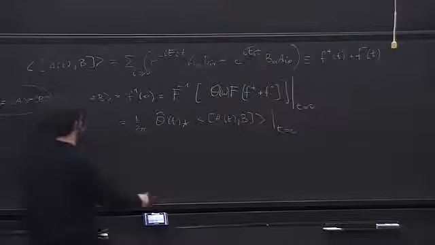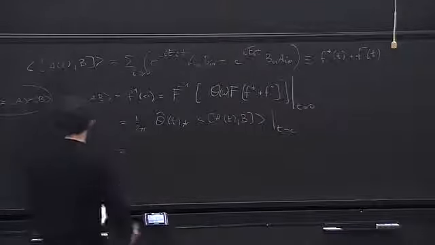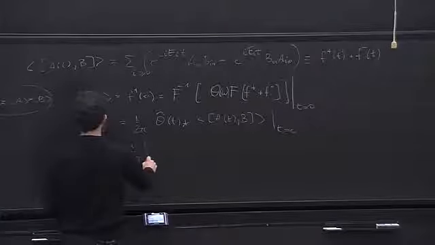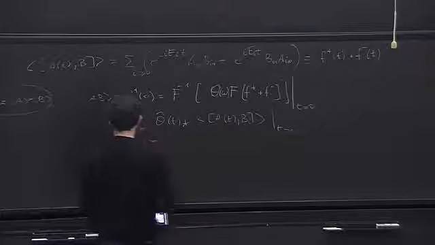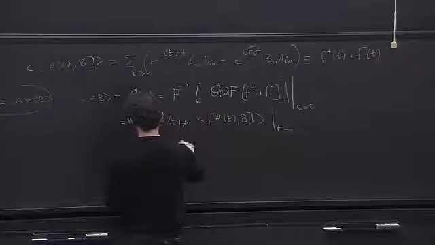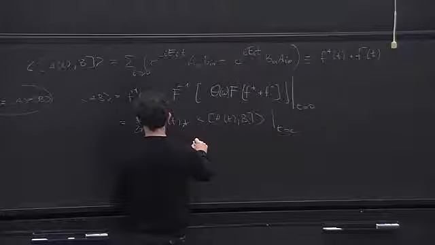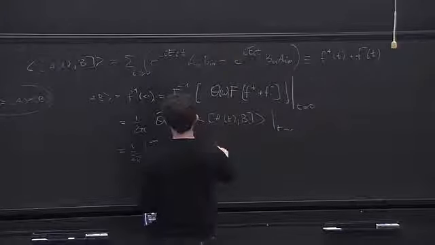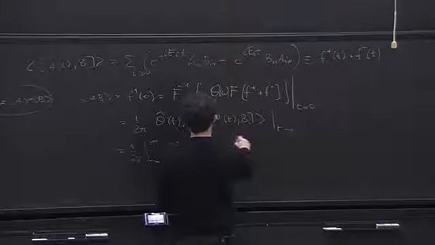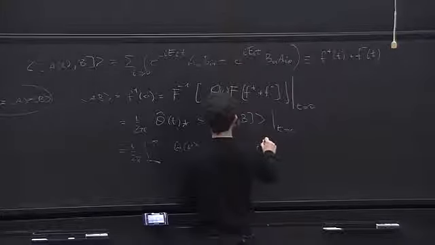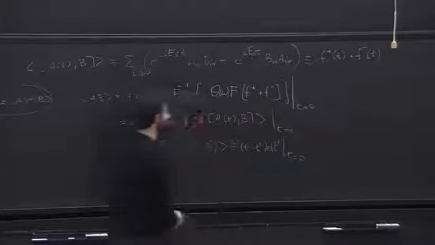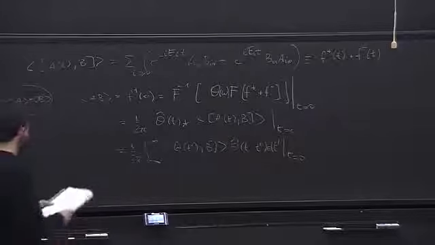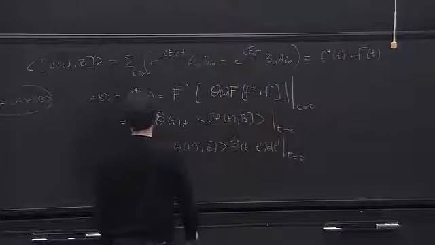So let's write it. What does it mean? The convolution is 1 over 2 pi, integral from minus infinity to infinity, of the expectation value of the commutator of A of t prime with B, times theta of t minus t prime, dt prime, but it is at t equals 0, which means that I can just write it.